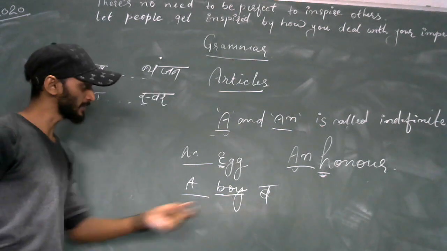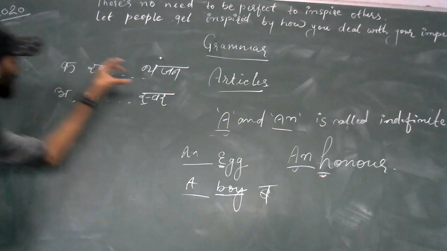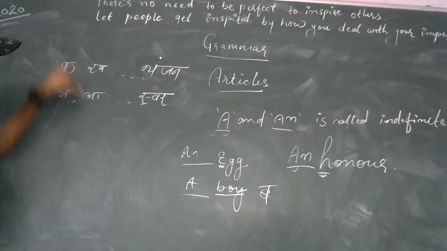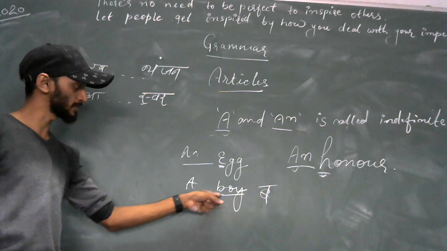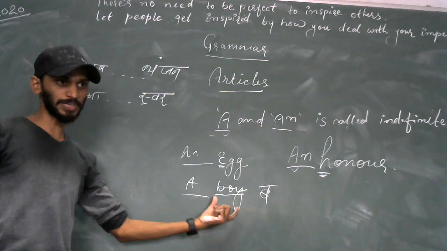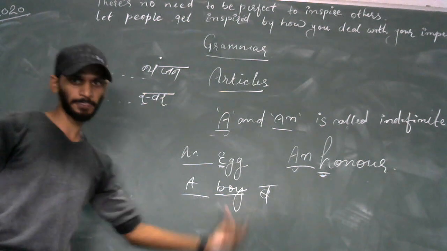And whenever the sound is produced with Vyanjan, then we write A in front of a noun.